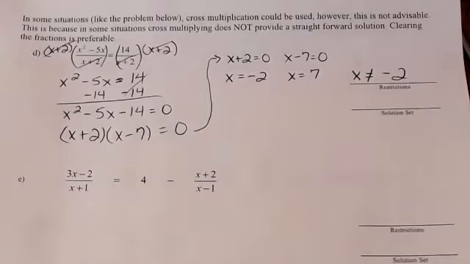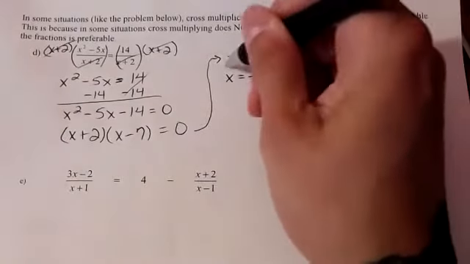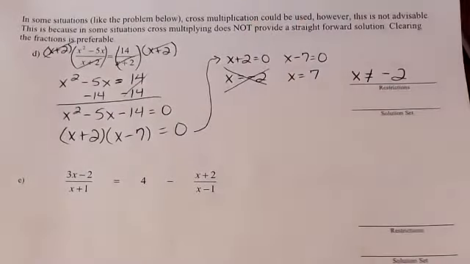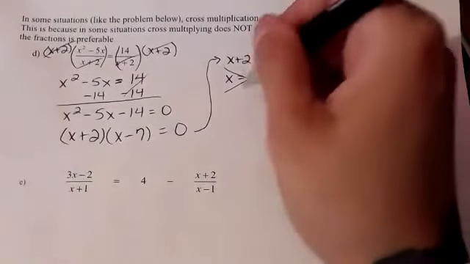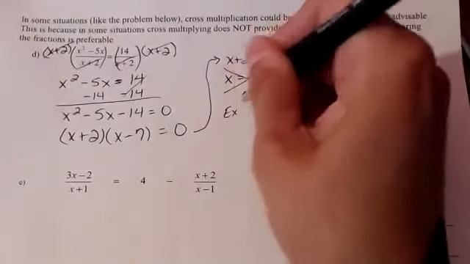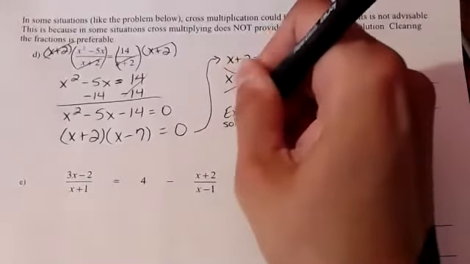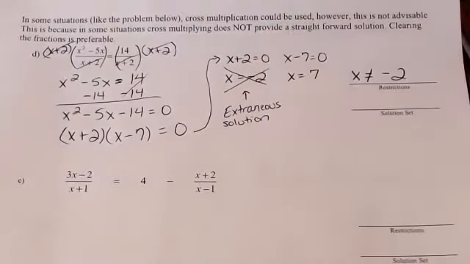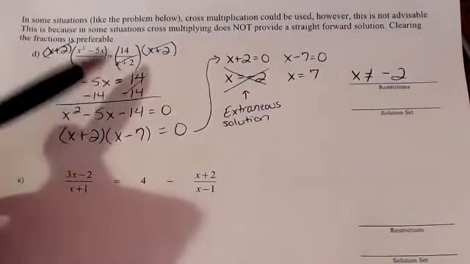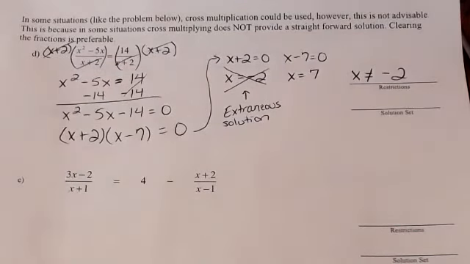Do you see what we got as our answer, but do you also recognize our restriction? What that means, everyone, is that we're going to have to throw this one away. We throw this solution away because we know this is an extraneous solution. If we accepted x equals negative 2, we would get an undefined fraction on either side of the equation, and that's a problem.